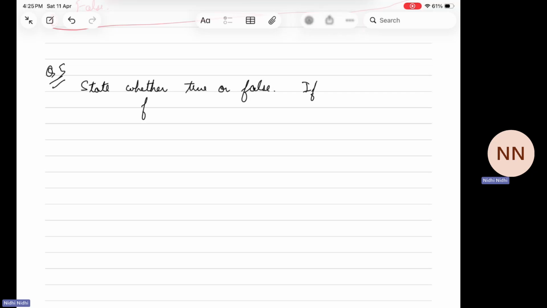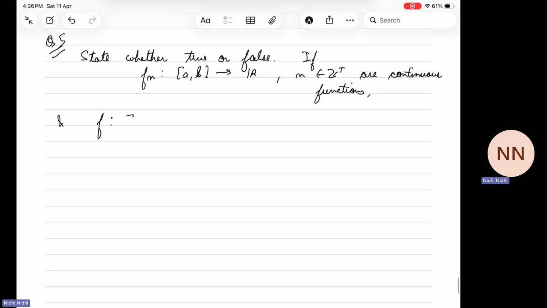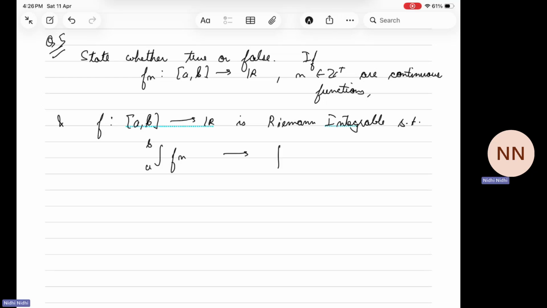If fn is a function defined on closed interval ab to R, n belongs to Z plus, are continuous functions, and f is a function from closed ab to R, which is Riemann integrable, such that the integral a to b of fn converges to the integral a to b of f.